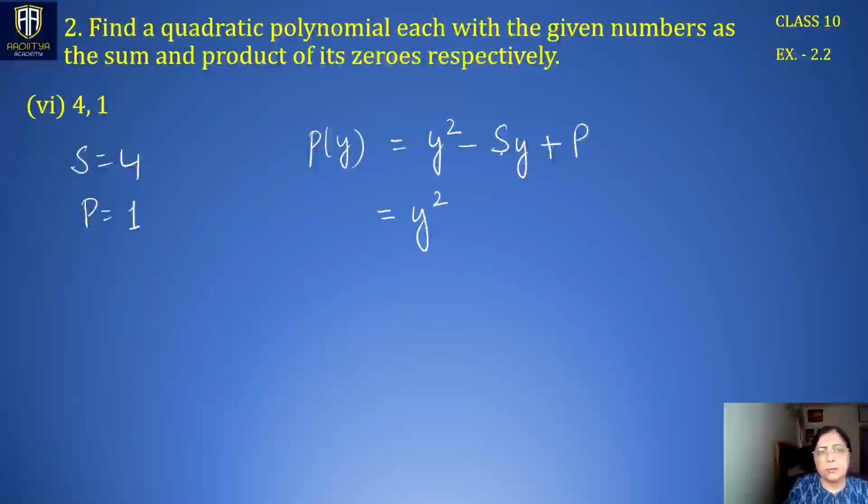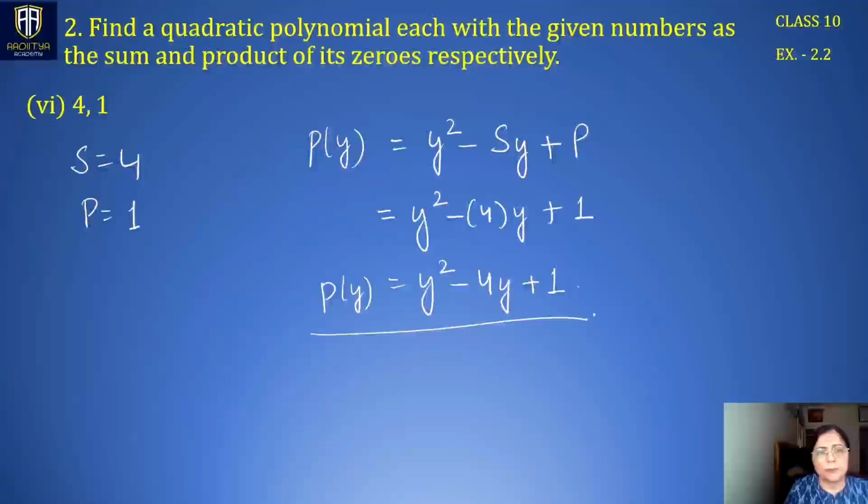The format should be the same, that the linear term should be minus into sum of roots and the constant part should be the product of roots. So here minus of 4y, product is 1. When we open this, we get y square minus 4y plus 1. So this is our polynomial which was required.